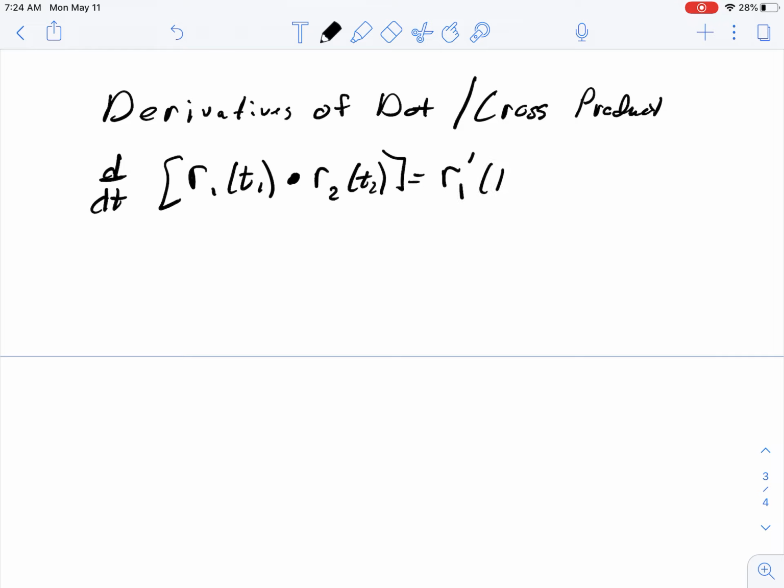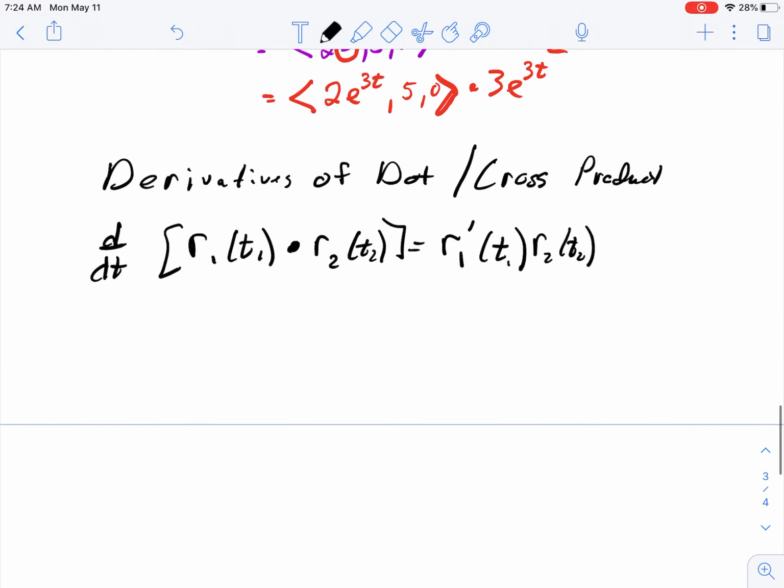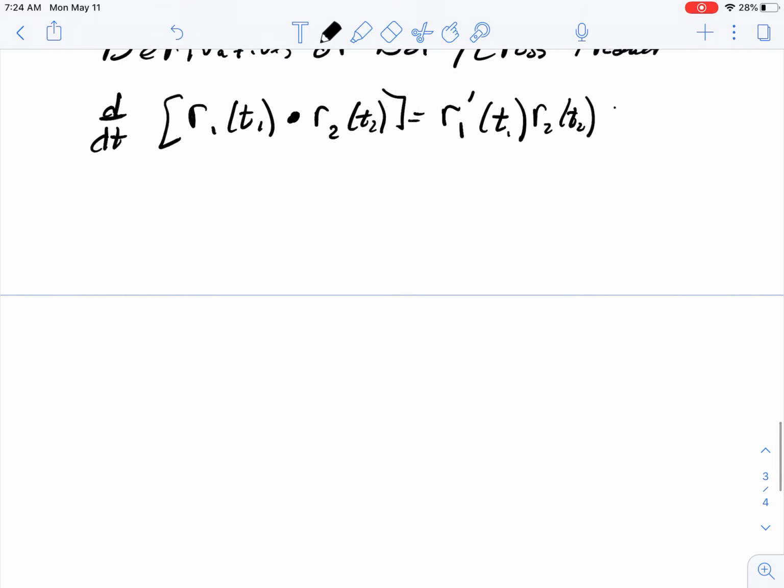So r1 prime of t1 times r2 of t2 plus r1 of t1 times r2 prime of t2. Squeeze it in.